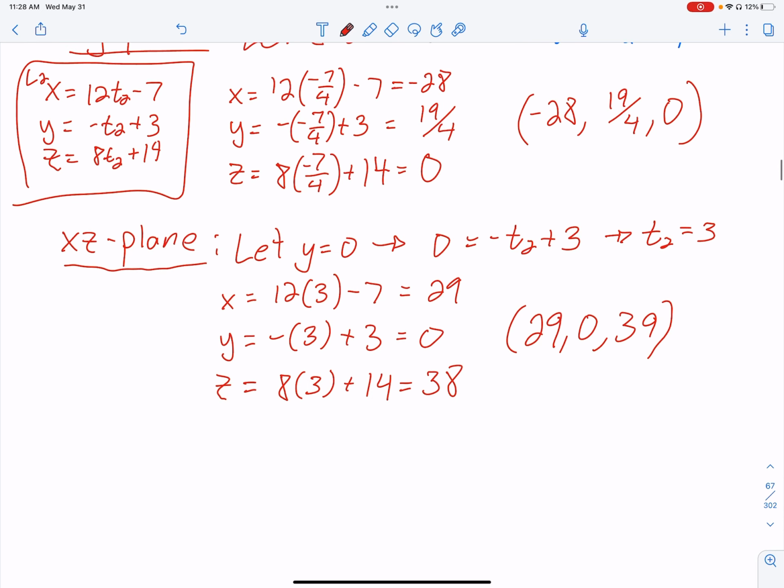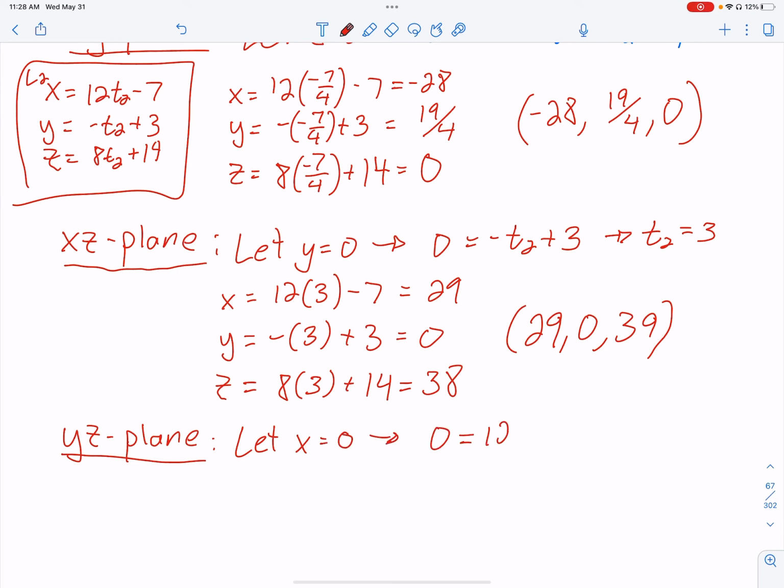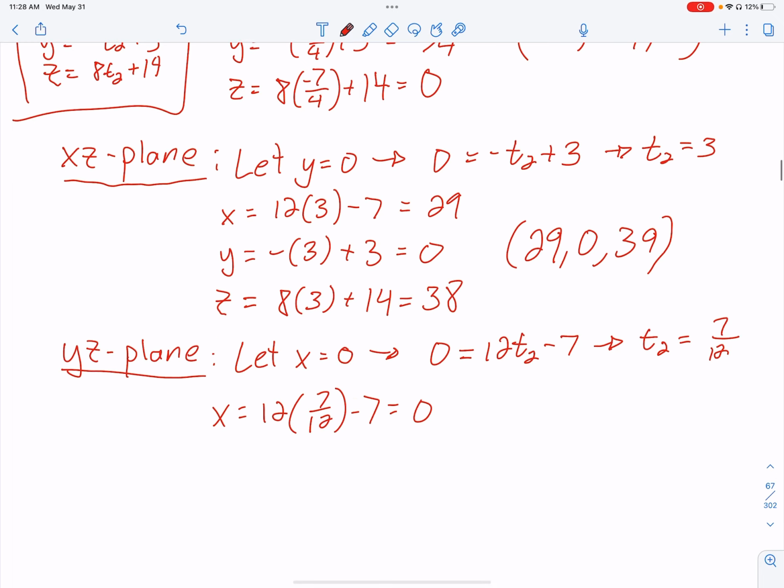And then we have one more. We have the YZ plane. All right, and we let x equal 0. So I got 0 equals 12 T2 minus 7. Okay, that tells me that T2 is equal to 7 over 12. So we got each one to plug in here. X equals 12 times 7 over 12 minus 7. All right, that makes sense. It's 0.